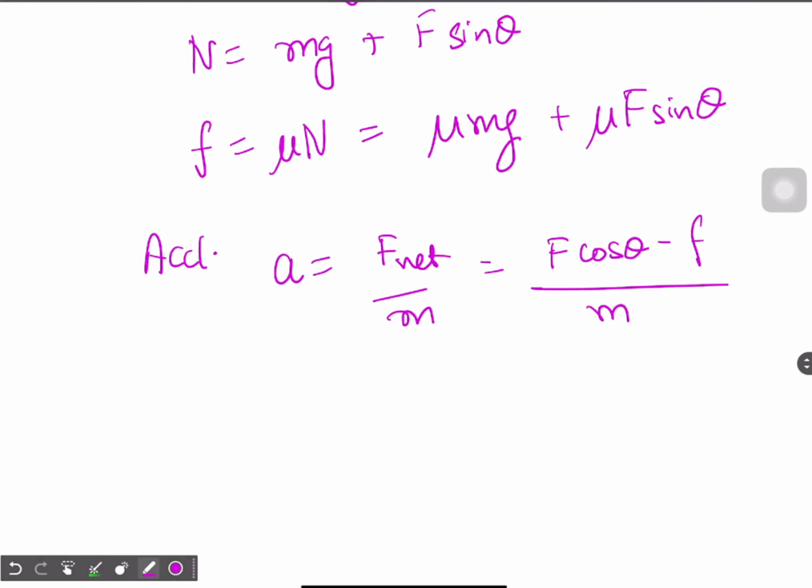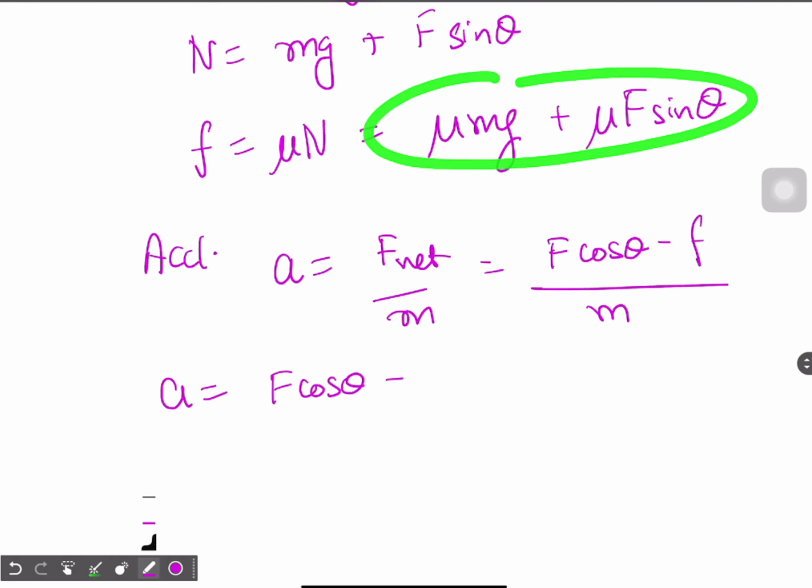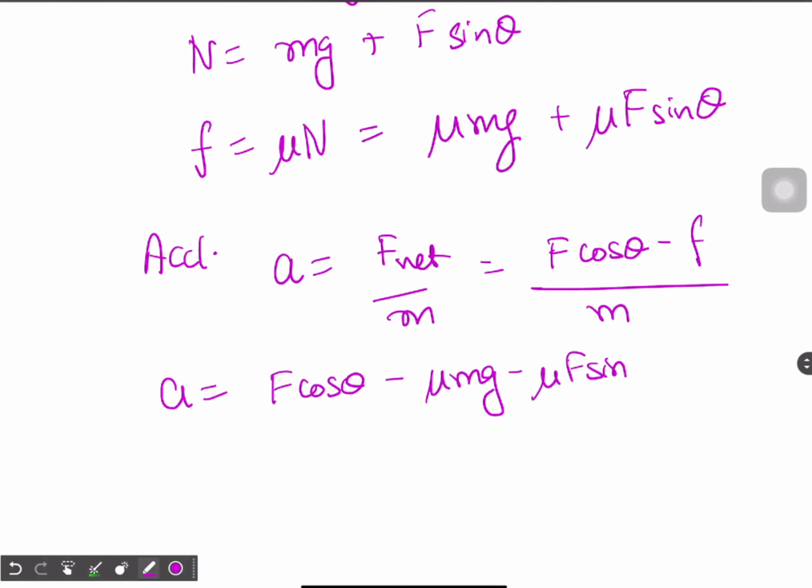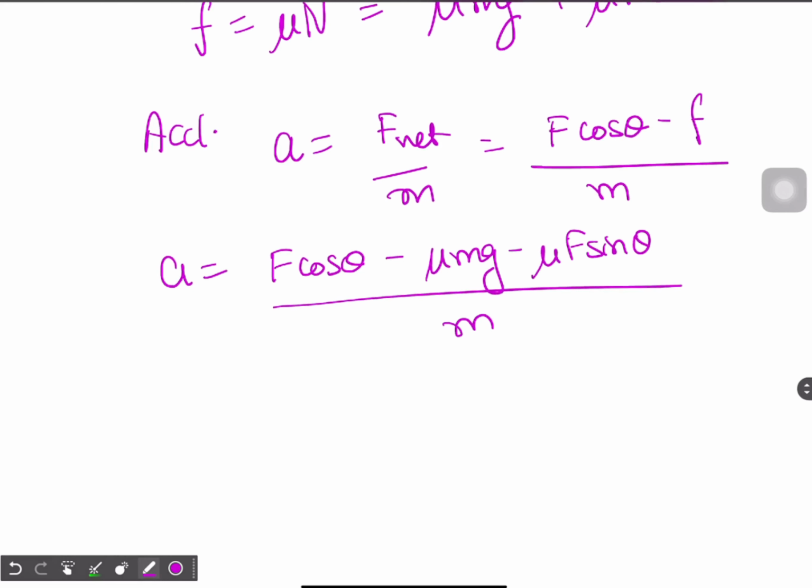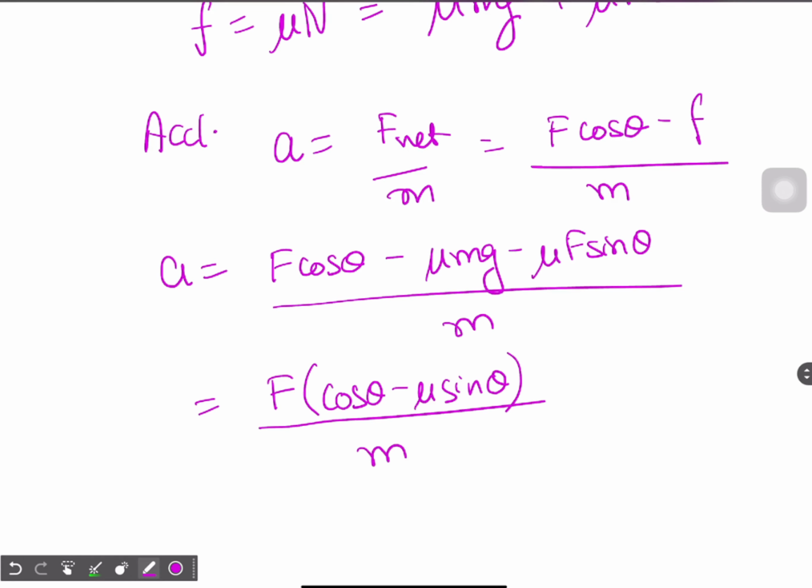Small f is equal to mu Mg plus mu F sin theta. So acceleration will be equal to F times (cos theta minus mu sin theta) divided by m, minus mu g.